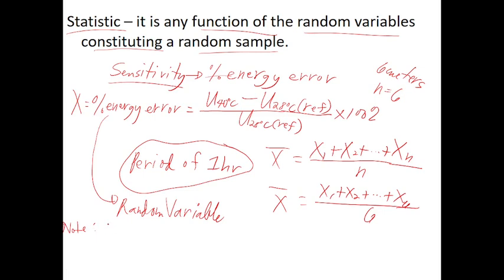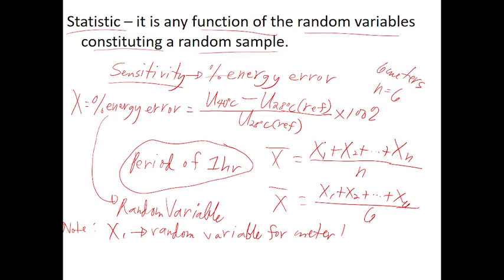Now take note, x sub 1 is the random variable for meter 1. Now, this random variable depends on the selected meter.